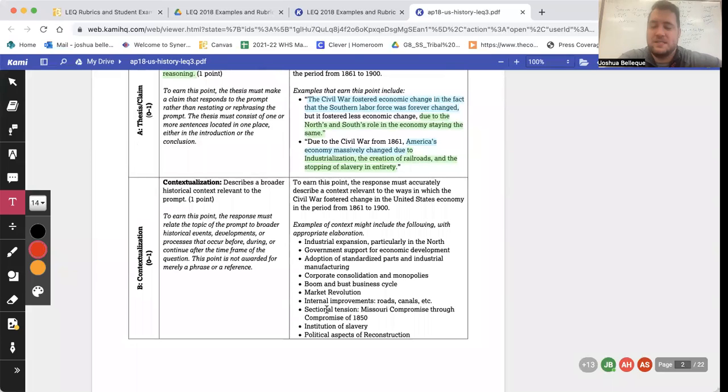These are a list of some things that happened before the Civil War that could account for that. You want to explain it in two or three good sentences, transition to your thesis, and then have your thesis in your intro. So contextualization with a detailed description, and then that transition.